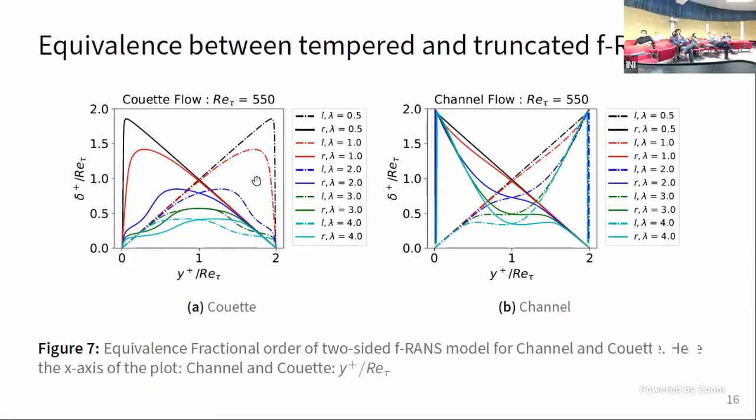We saw in the previous plots that if delta is held constant, then you have a point of non-differentiability in the fractional order. But if you want smooth curves, you will have to keep delta spatially varying, and for both cases you'll have the same fractional order, and you can find the corresponding lambda or delta.